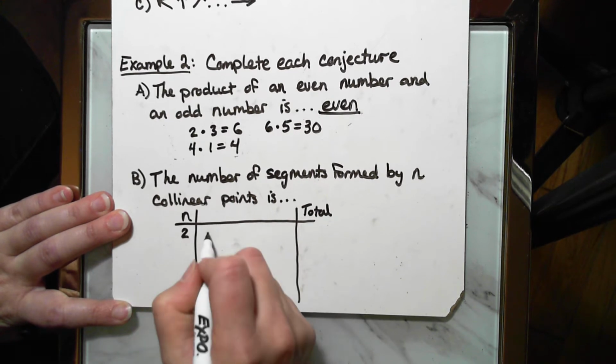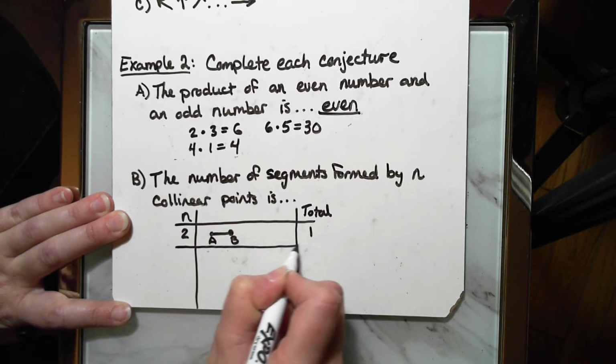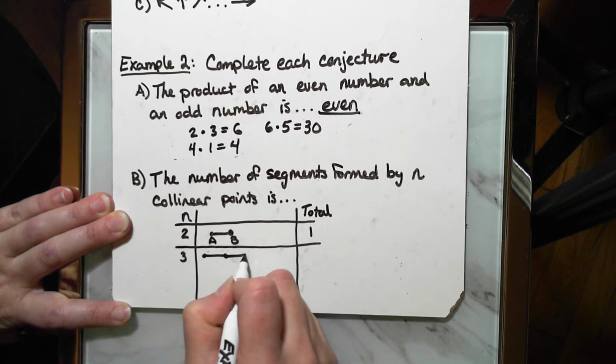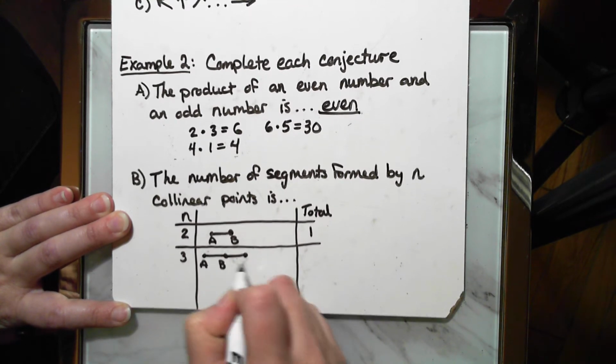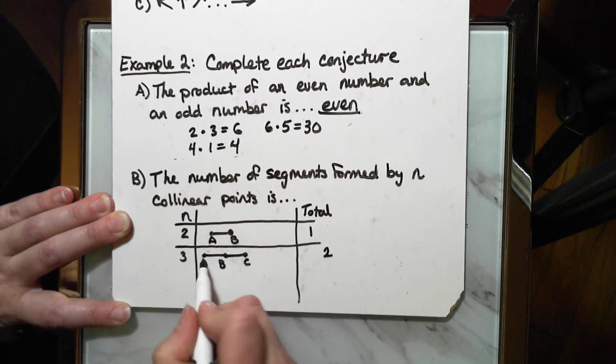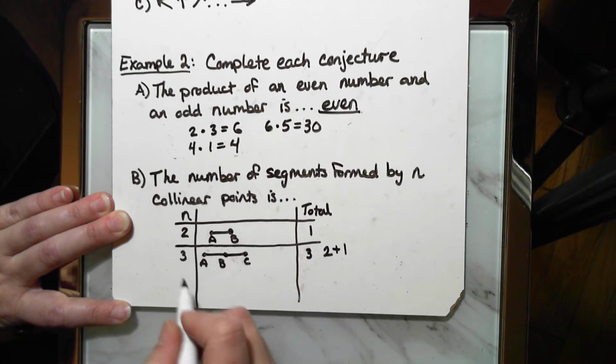So if I have 2 collinear points like this, there's only 1 segment that's made. If I have 3 collinear points, I'll have the 2 short segments and then the total segment. That's 3 segments.